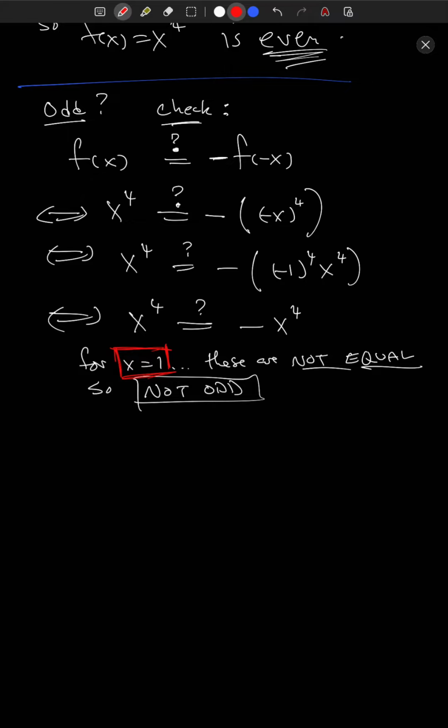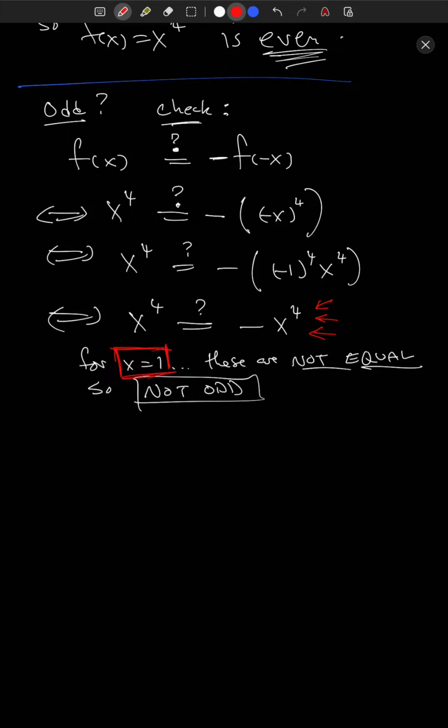All right. A couple things to emphasize. So notice here in this last question mark that if I plug in x equals 0, they will be equal, right? 0 to the fourth is the same as negative 0 to the fourth. But that's not enough to confirm whether it's odd, because to be odd, it has to work for every input.